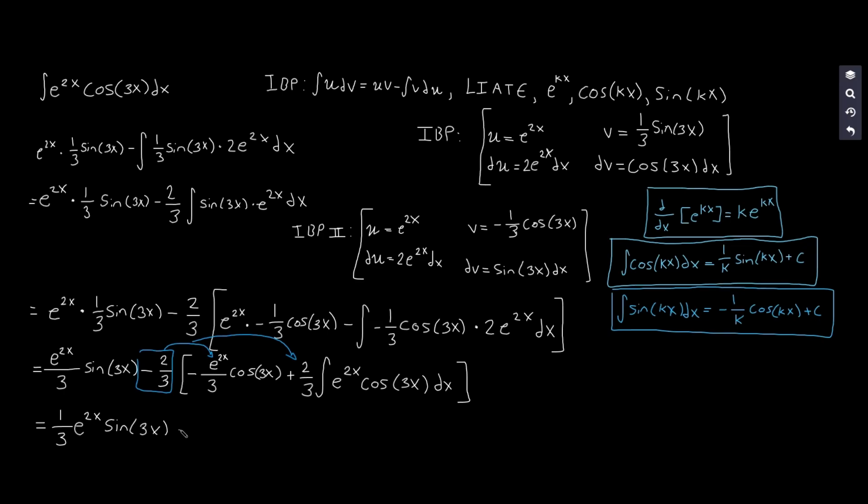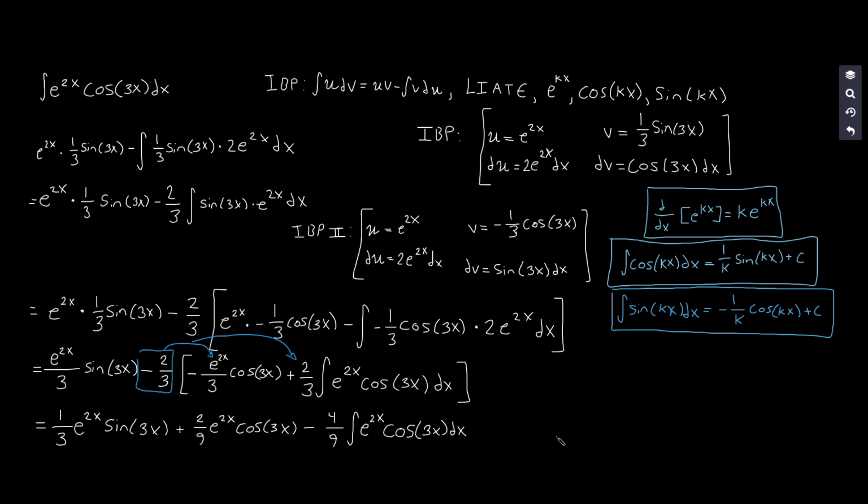This is going to be plus 2 over 9 times e raised to the power of 2x times cosine of 3x, minus, what, 4 over 9? 4 over 9, I think.